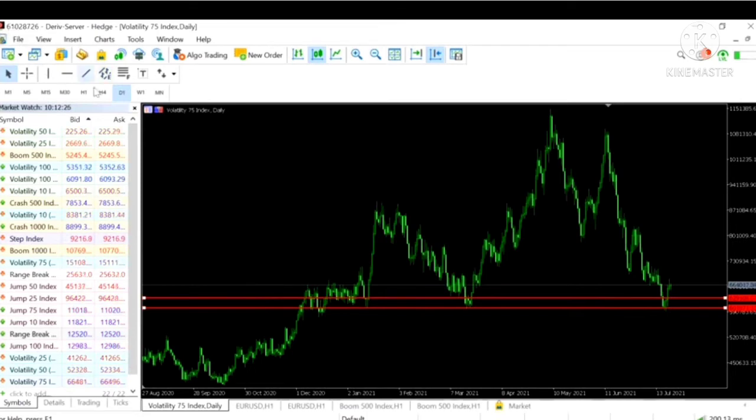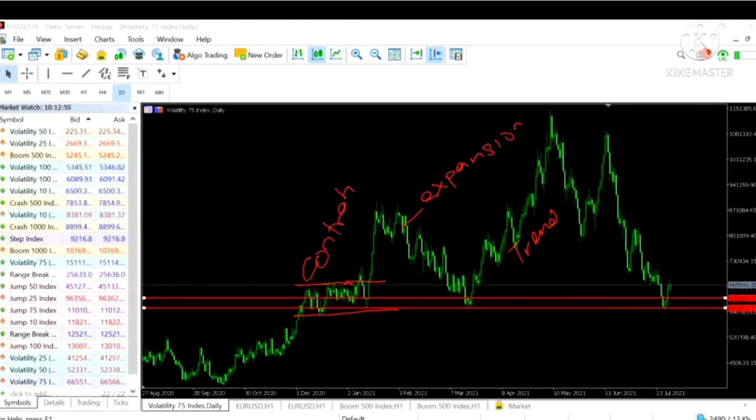Right, guys? So we can also go and check it on the 4-hour time frame, but let us stick to this bigger time frame. Because now if you're going to put a line there and another line there, you'll understand that this is contraction, right? This is expansion, right? And then this is trend. This is contraction. Right?